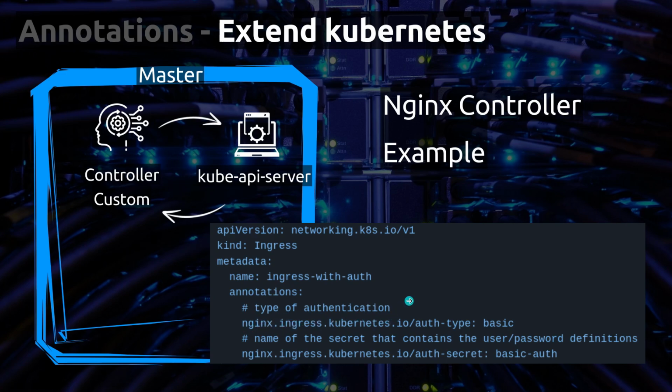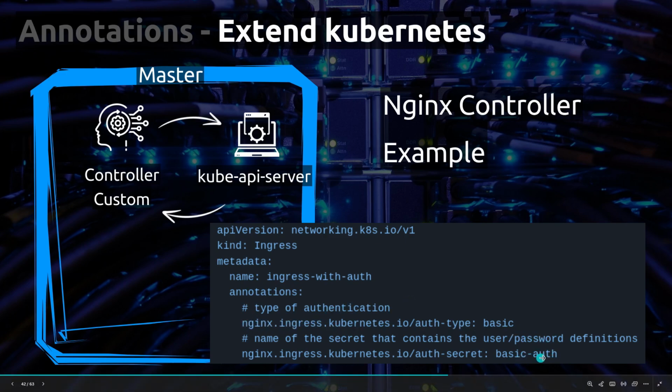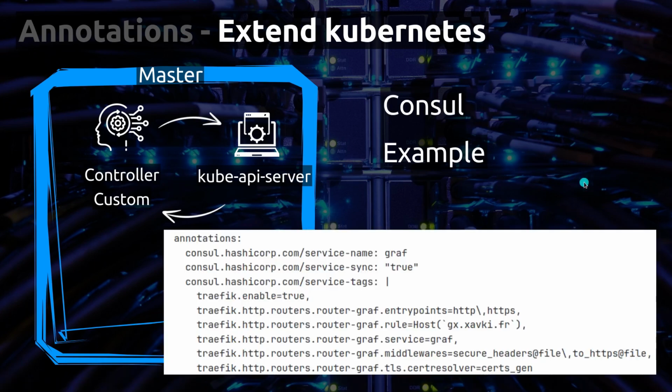We will see what an Nginx ingress controller is, and you can see here some configuration to activate basic auth, for example. Exactly the same thing: if you want to use Consul inside your Kubernetes cluster, you can declare or set some services directly with annotations like that.